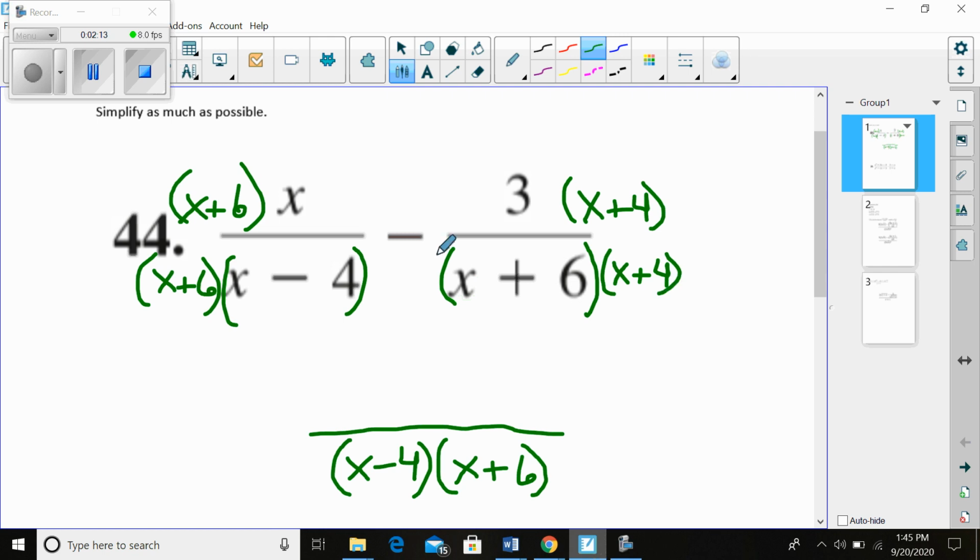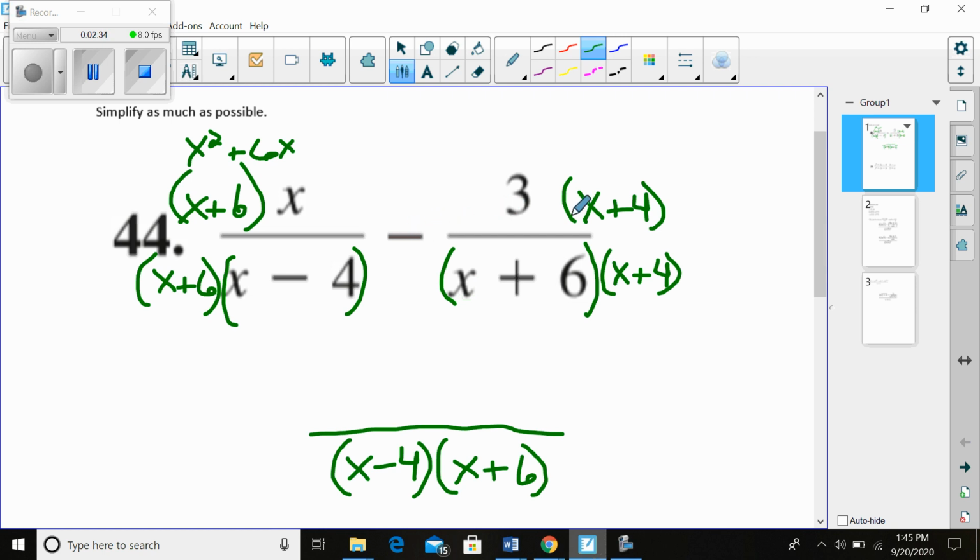So when I combine these two, this numerator is going to have a result of, if I distribute, x squared plus 6x. And one error that I'm seeing like crazy in class is students not distributing the negative, right?